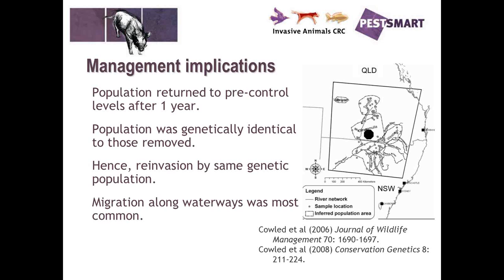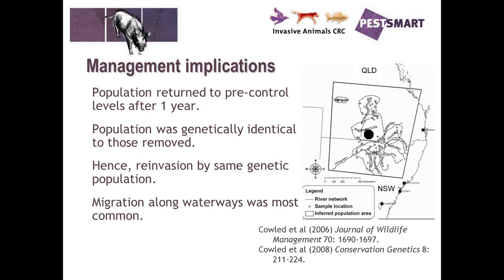So what we found was feral pig populations were able to return to pre-control levels after 1 year. So that was the aerial shooting program within that 4,000 square metre area, and what we found was that they came back to that initial population.